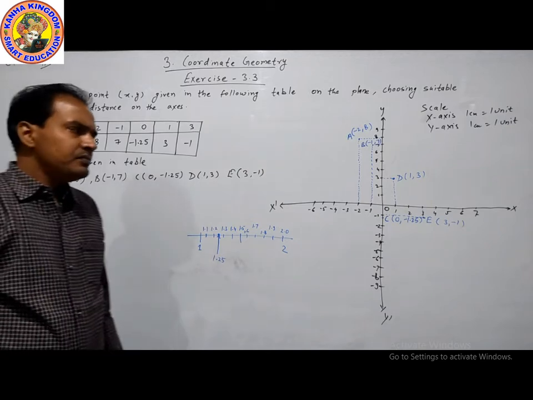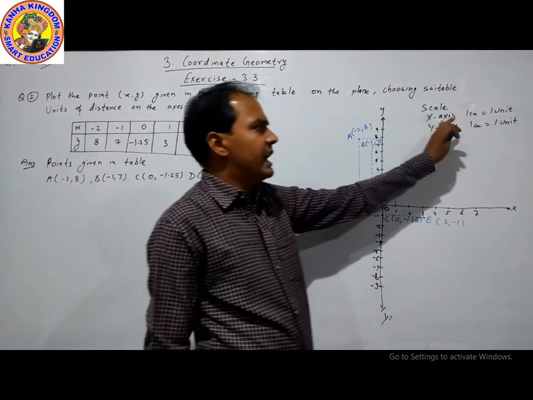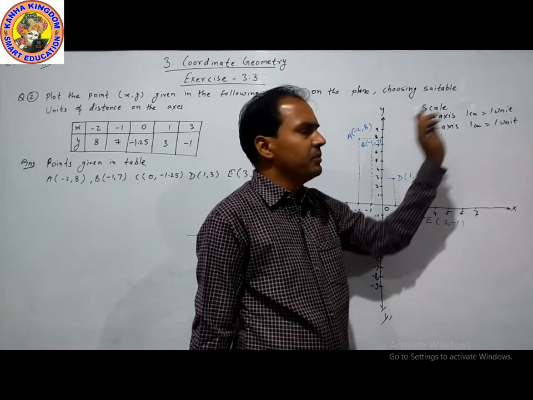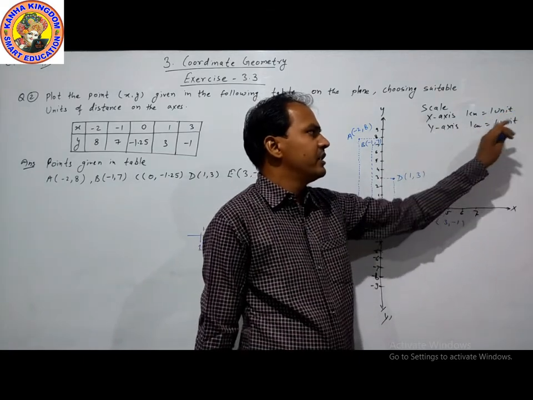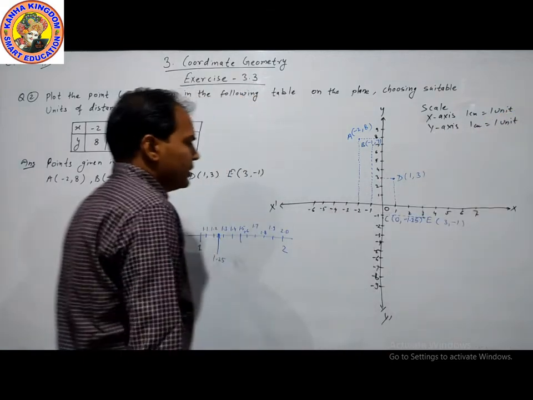So on the x-axis 1 centimeter is equal to 1 unit, and on the y-axis 1 centimeter is equal to 1 unit.